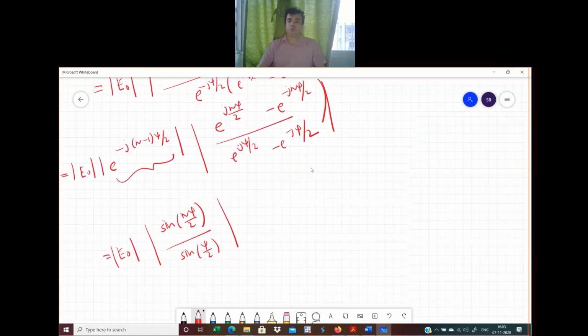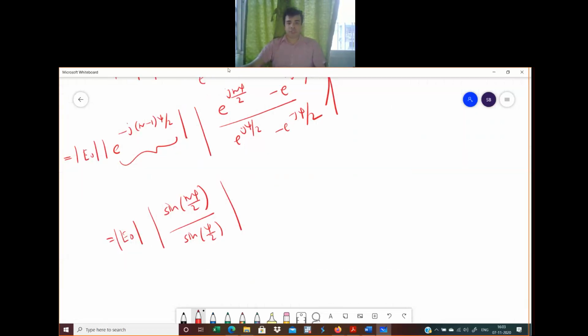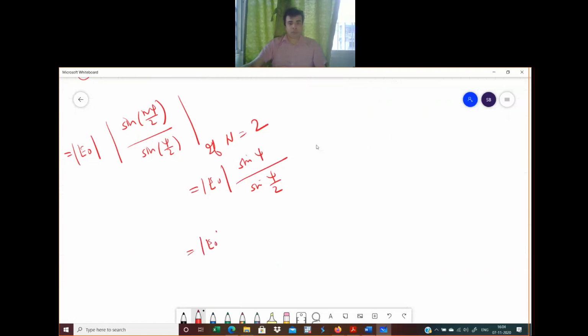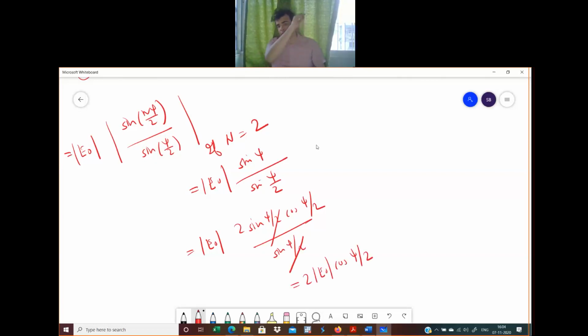If n equal to 2, then this will be E0 sine of psi by sine of psi by 2. This can be written as E0 2 sine psi by 2 cos psi by 2 by sine psi by 2. This gets cancelled out. That is 2 E0 cos psi by 2. Remember, this is the same expression which we had for the two-element array. Right. In the previous section when we derived the two-element array, we got the same expression. Okay. So it works.